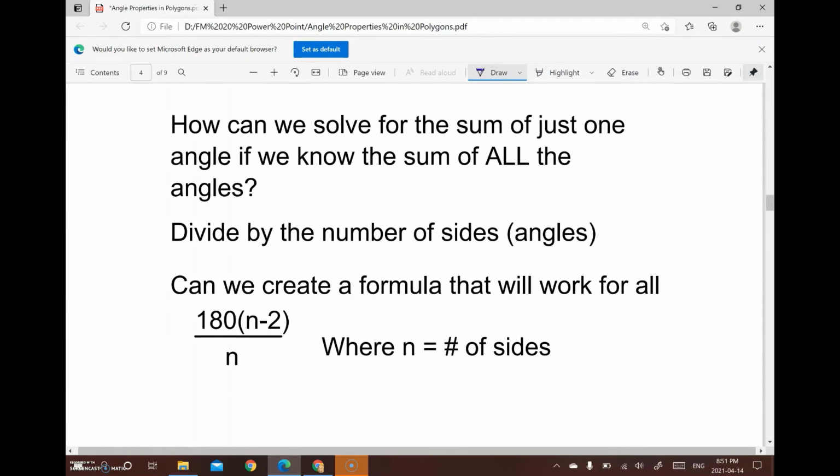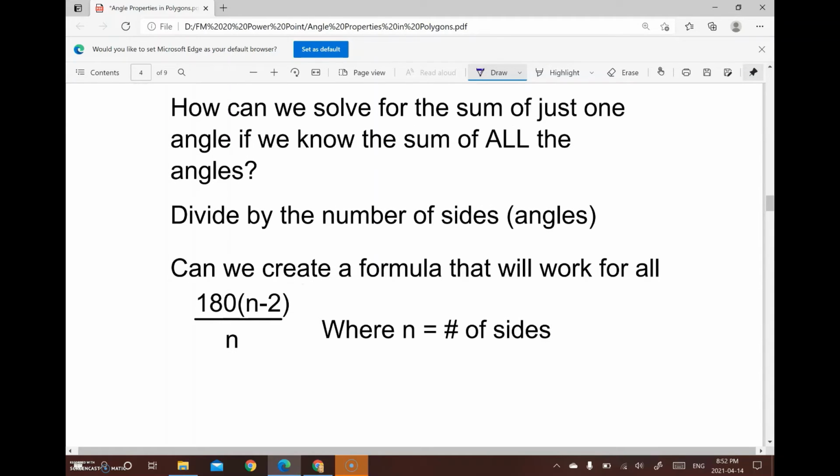So, how can we solve for the measure of just one angle if we know the sum of all the angles? We can divide by the number of sides, so the number of angles. So here would be the formula if I wanted to solve for just one angle, where n is representing the number of sides.